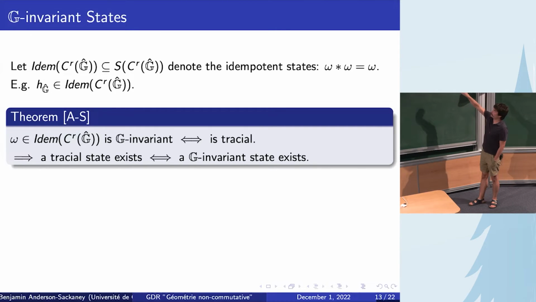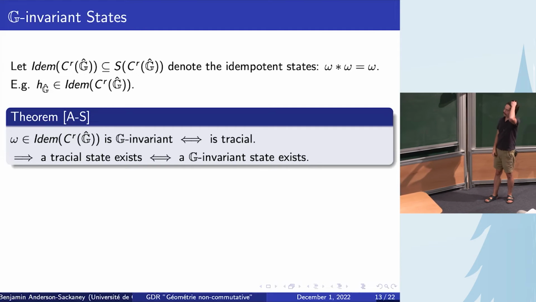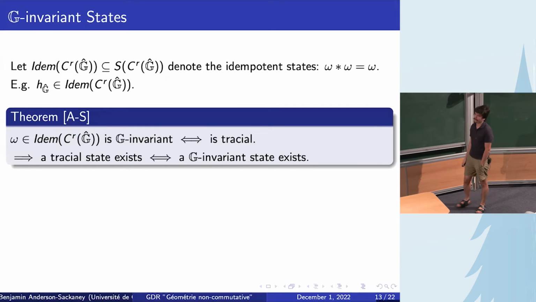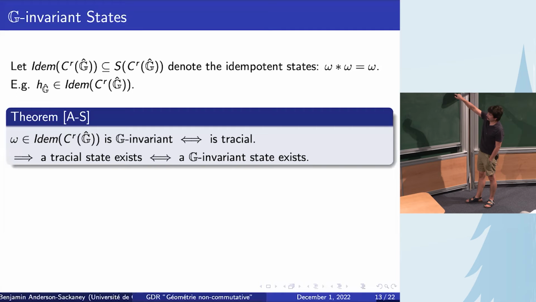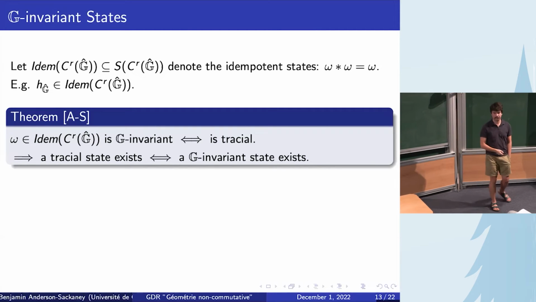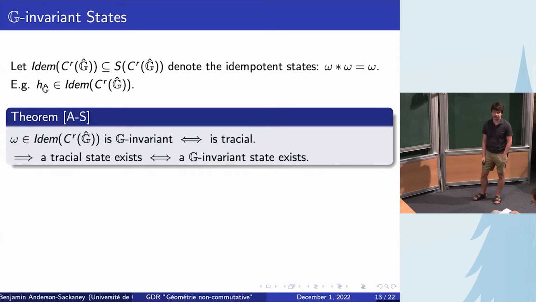Okay, so we get this. And the main thing I want to talk about today is that this coincidence is enough to do interesting things about the tracial states on reduced C-star algebras. For instance, from this you can get that a tracial state exists if and only if a G-invariant state exists. Right, so tracial states don't always exist, but they exist if and only if a G-invariant one exists.